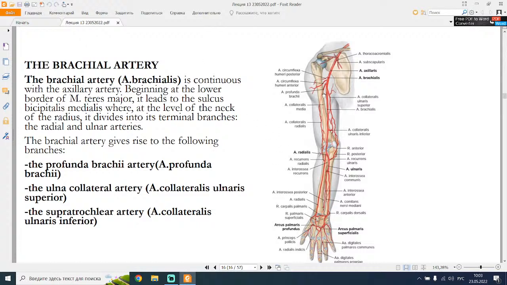The brachial artery gives rise to the following three branches: arteria profunda brachii, arteria collateralis ulnaris superior, and arteria collateralis ulnaris inferior.